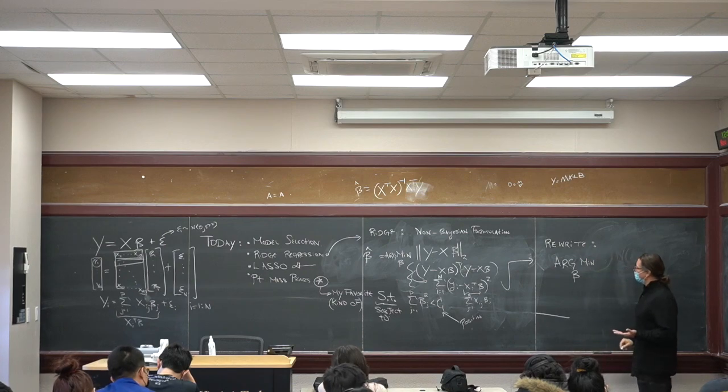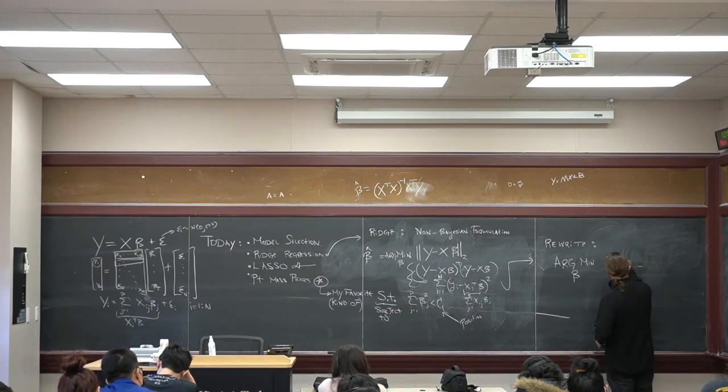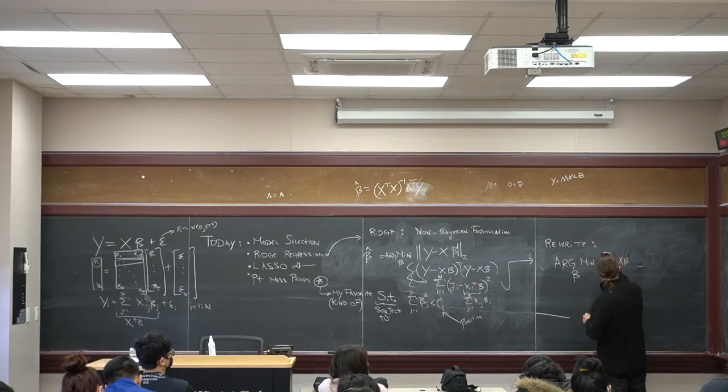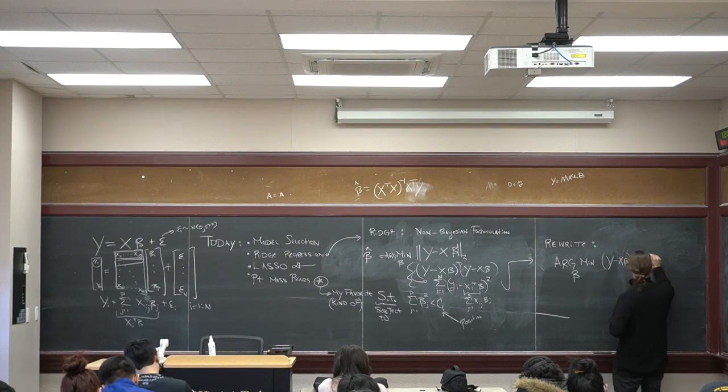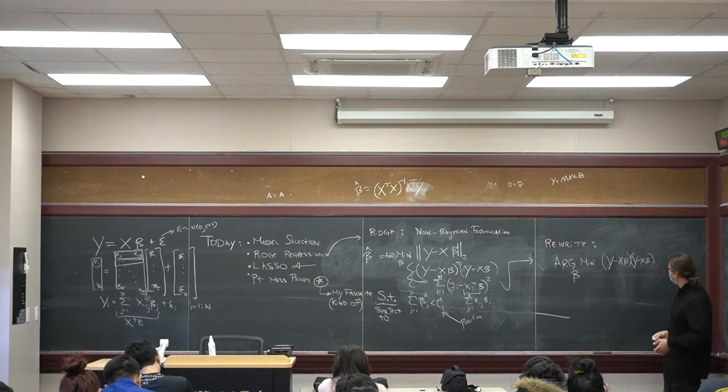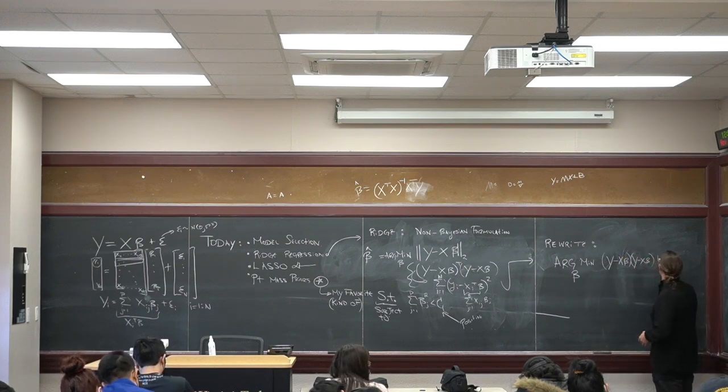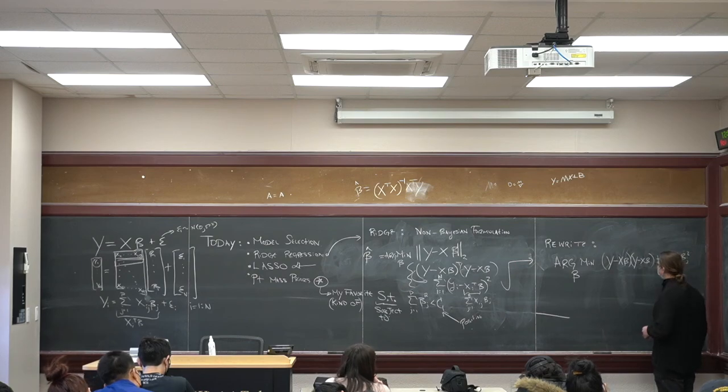And I'm going to throw this thing in here, y minus x beta. I'll write it like this, y minus x beta. So basically just the 2 norm plus lambda sum of beta j squared.